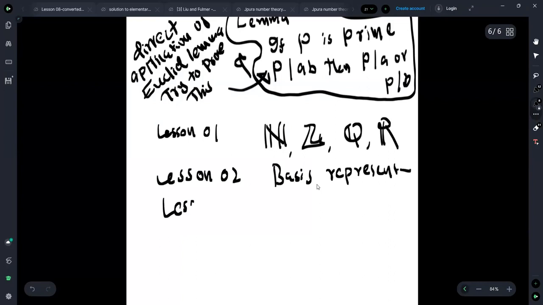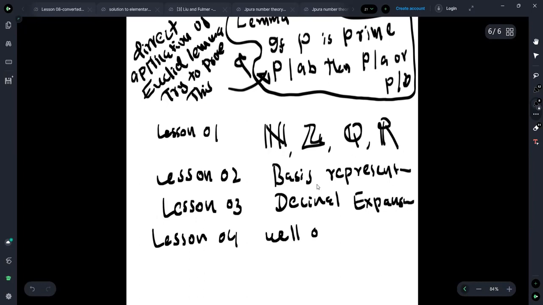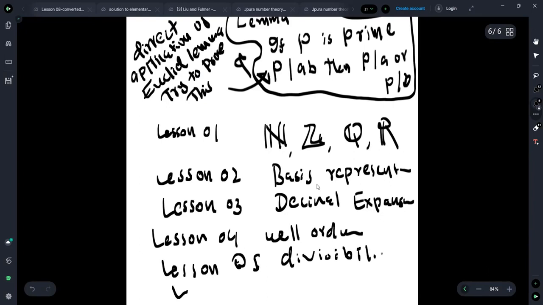In lesson 3, we learned about decimal expansion. Lesson 4, well ordering principle. Lesson 5, divisibility. Lesson 6, division algorithm. Also lesson 7, division algorithm. Now we learned about the greatest common divisor.